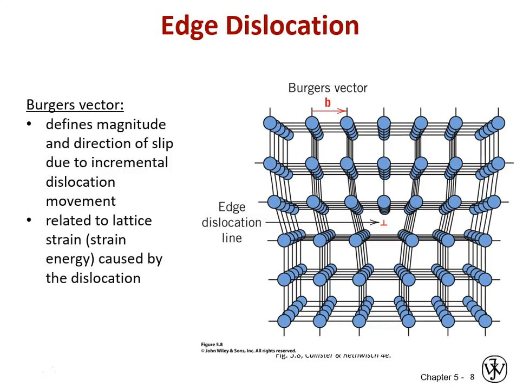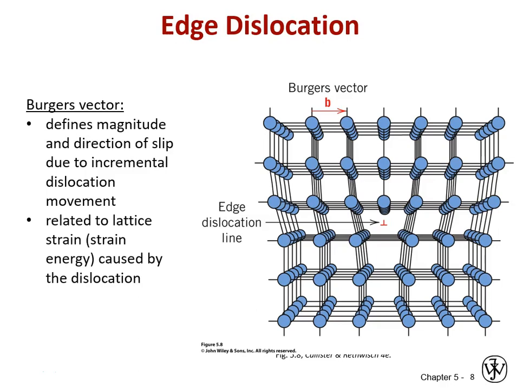So tension and compression. We quantify the increment of deformation of the material for an increment of movement of a dislocation, both edge and screw, by something called a Burgers vector, and that's shown at the top of the diagram.